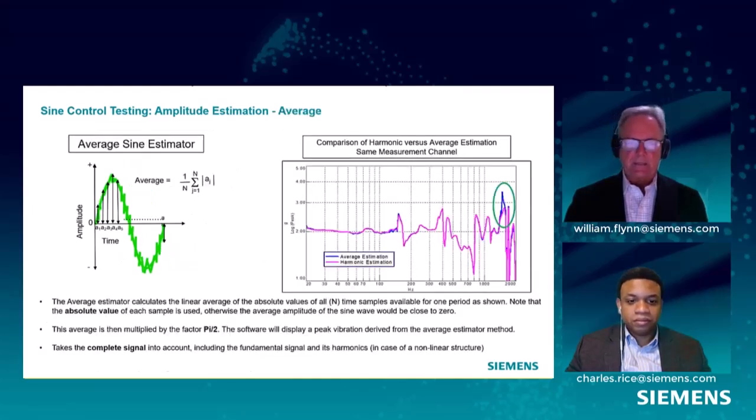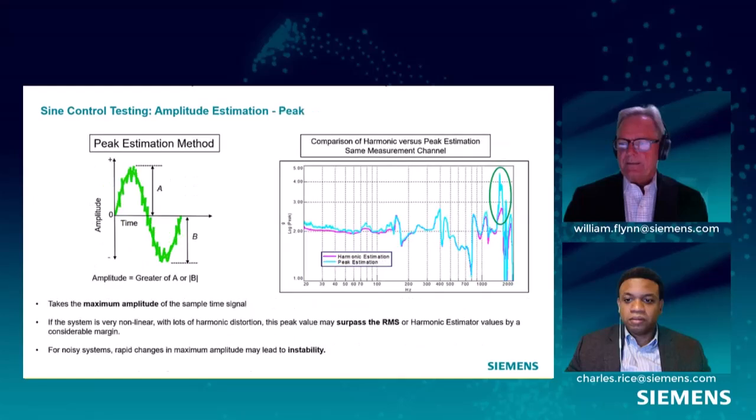And then you have the average estimators, and those are pretty similar. You can see in this example where you've got some outside influence on the responses, and these other estimators take into account those responses. So you might want to limit on those to protect your structure, or at least monitor those so you avoid over-testing. And then the last one is probably the most severe, and that's the peak amplitude estimator, and that's taking into account everything.